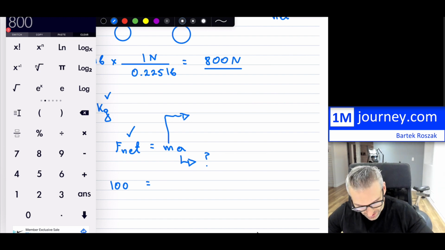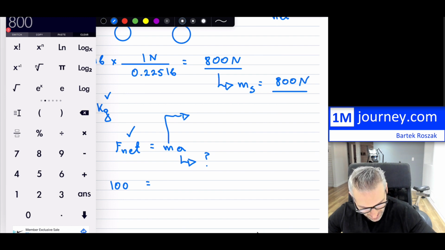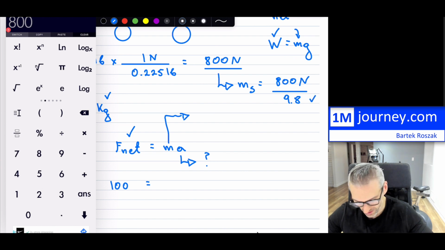If you want to get the mass of this stretcher, then that would be simply 800 newtons divided by 9.8. Now, why? Well, because the weight is equal to mass times gravity, right? So if we know the weight and we want to find the mass, we divide both sides by gravity, which is exactly what I'm doing there.